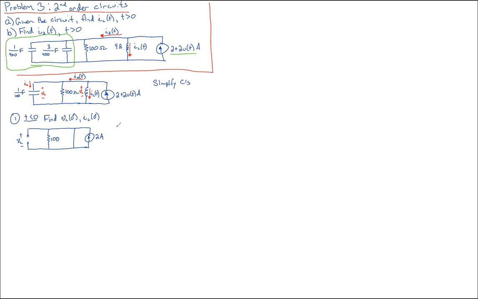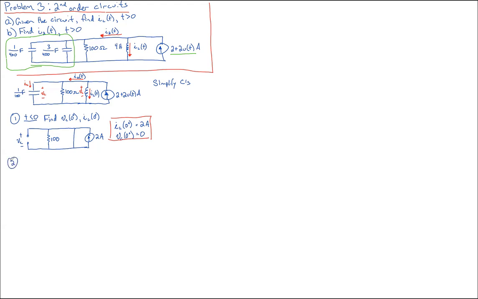Hopefully it's pretty clear by inspection that for I sub L, there's only one source, and all the 2 amps will go through the short. And because there's a short here, our VC has to be equal to 0, because the voltage across here is the same as the voltage across here, and it's connected by a wire. So there's our first step answer.